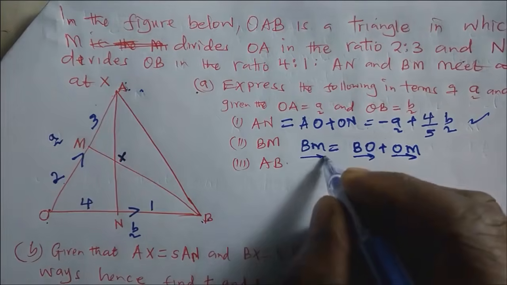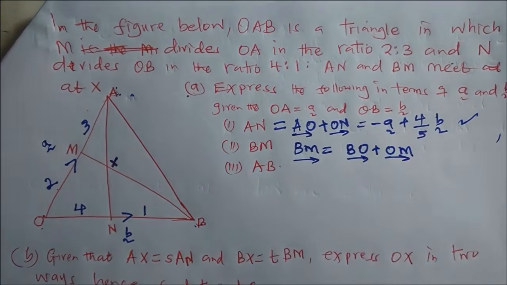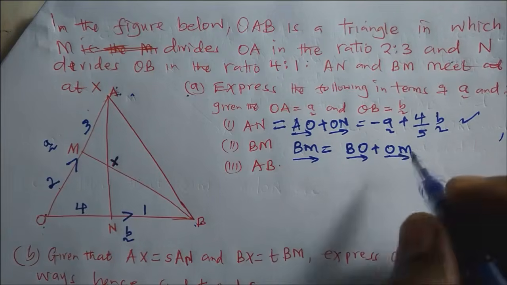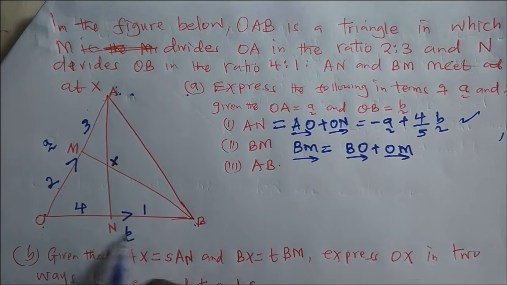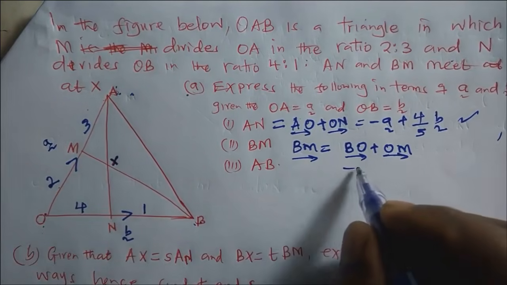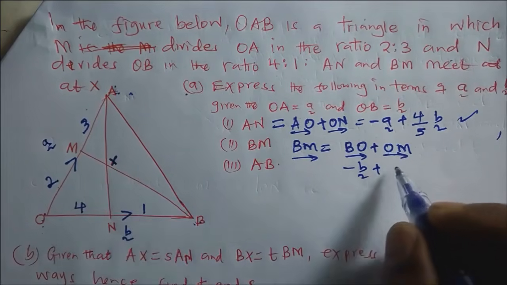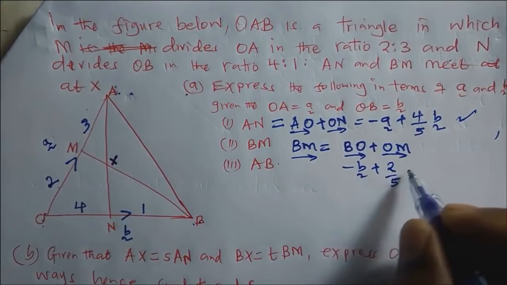It is important you put an arrow like that, so it is not a must, showing that we are going in that direction. So this one means BO, we are going against B, therefore it is going to be minus B plus OM. OM is 2 over the total 5, vector A.